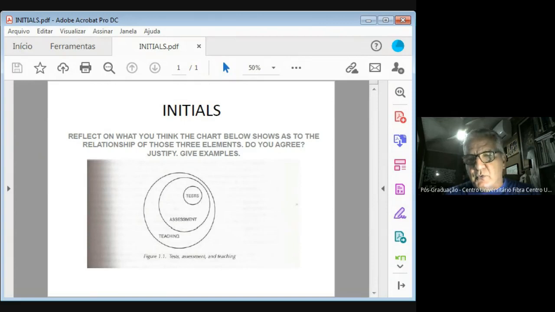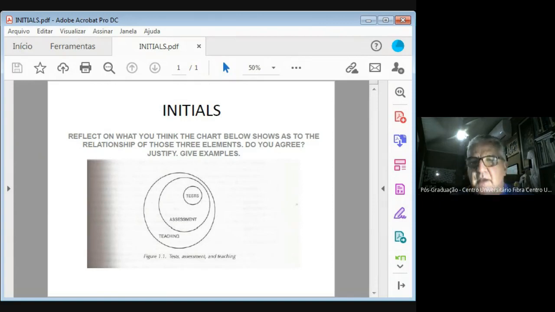And we teachers know that in the process, this is not the most important part. Okay, so let's try to make a basic difference between assessment and evaluation so that we can go ahead.